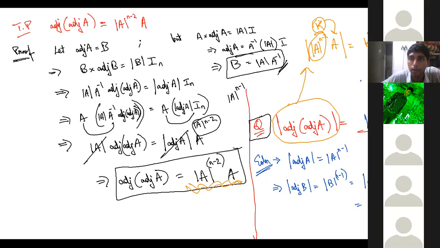So this becomes k power n. But what is k? K is nothing but determinant of A power n minus 2. So n into n minus 2 becomes n square minus 2n. But here also you have delta, so plus 1, which is delta to the power n minus 1.